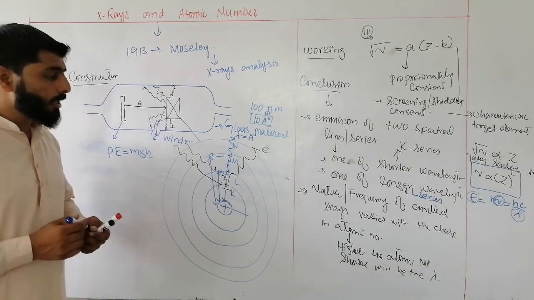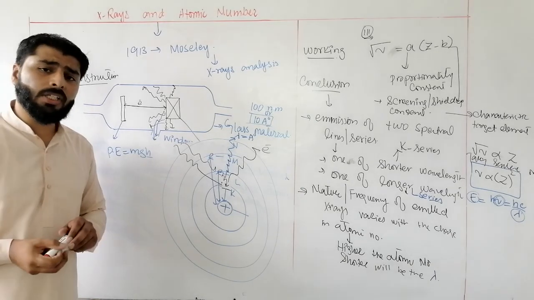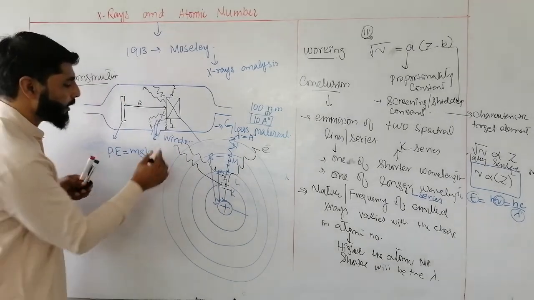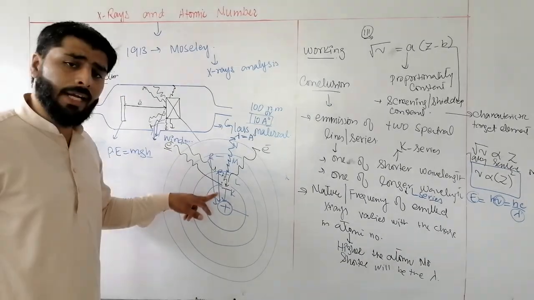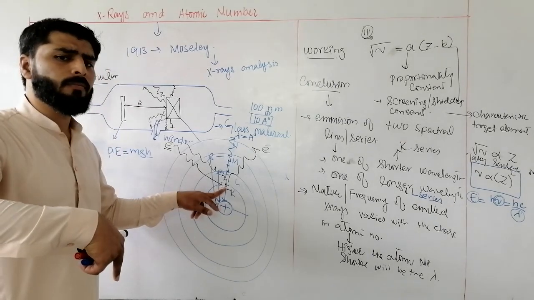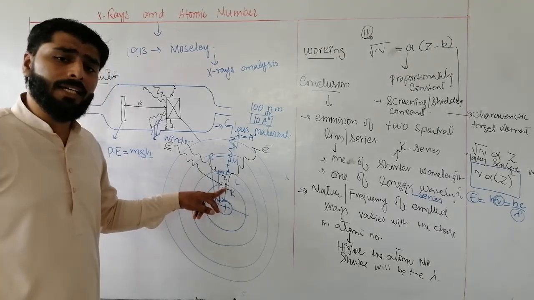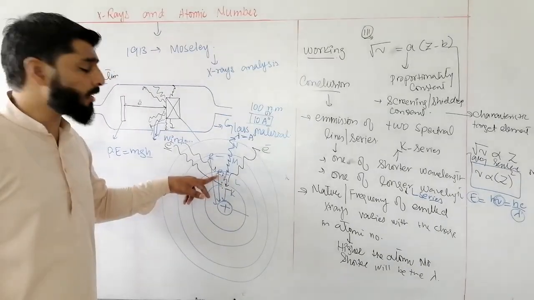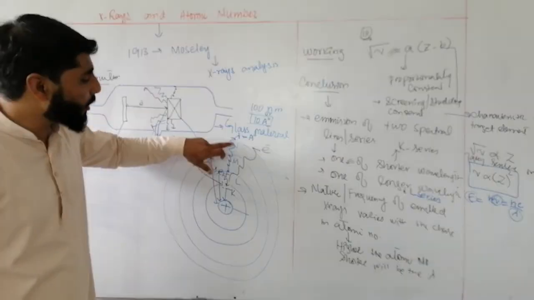So he said that when these cathode rays are bombarded on an atom, they will knock out the electron from the inner shell, and the vacancy created is filled by the electrons of a higher level, which are shifted to a lower level with the emission of some radiation.